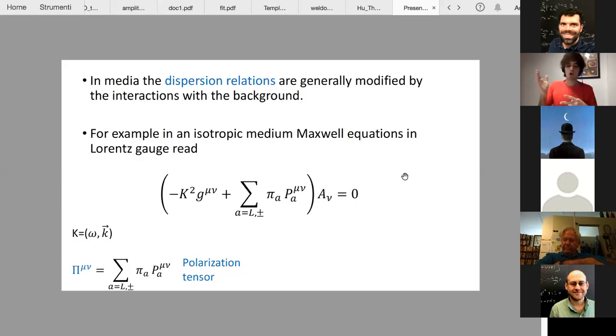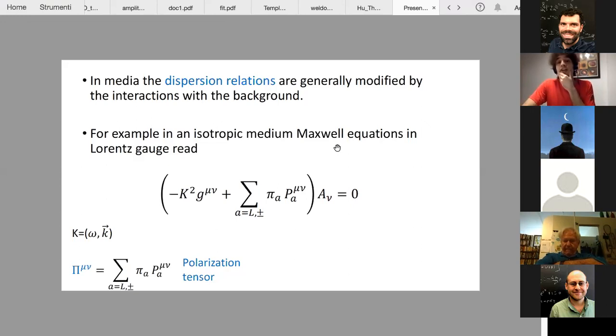You will always have your Ward identity, but essentially you will have your tensor, the velocity of the medium, what is usually called u^mu, okay? And so at the end of the day, you will have two polarizations that are plus and minus, the transverse ones, okay? And then a longitudinal polarization. And the longitudinal polarization you have to think of just as density waves of the medium, of electrons. And it exists just because, okay?